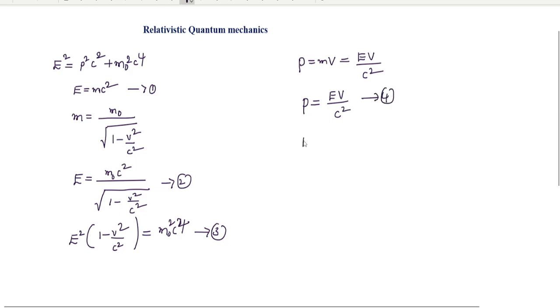Just square this equation: P square equals E square V square divided by C power 4. Then P square C square equals E square V square divided by C square. So here I split C square here, C square here, total C power 4. So this is equation number 5.